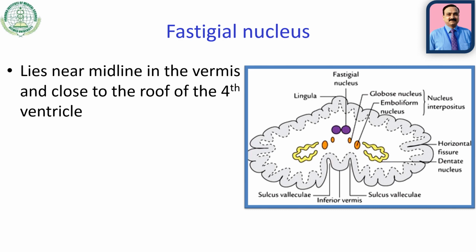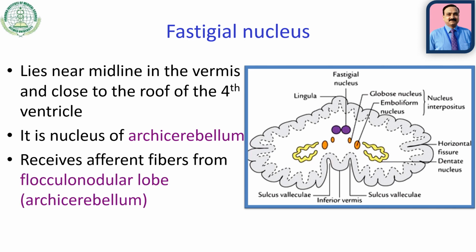In this diagram, you can make out this is the inferior vermis, this one is the superior vermis, and you can see it lies in the medialmost part, that is vermis, and this is the fastigial group. Nucleus fastigi is nucleus of archicerebellum. It receives afferent fibers from flocculonodular lobe, so it is a nucleus of archicerebellum.